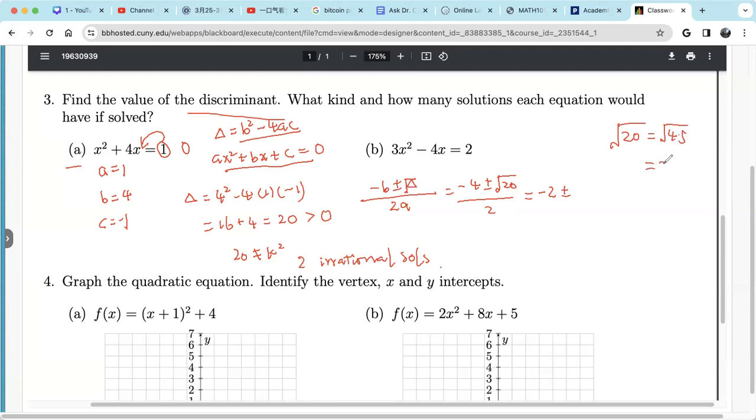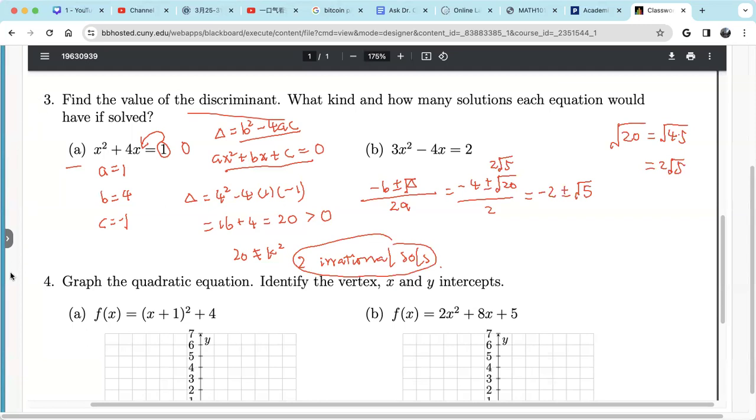Square root of 4 is 2, so it's 2 radical 5. Then 2 divided by 2 is 1. So this becomes -2 plus radical 5 and -2 minus radical 5. So two irrational solutions. So that's for A. The discriminant is positive, but it's not a perfect square.